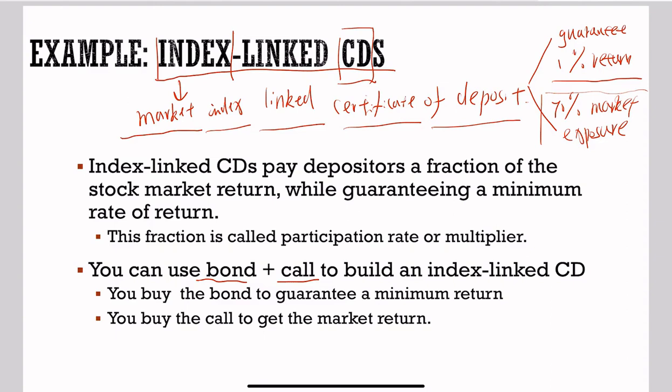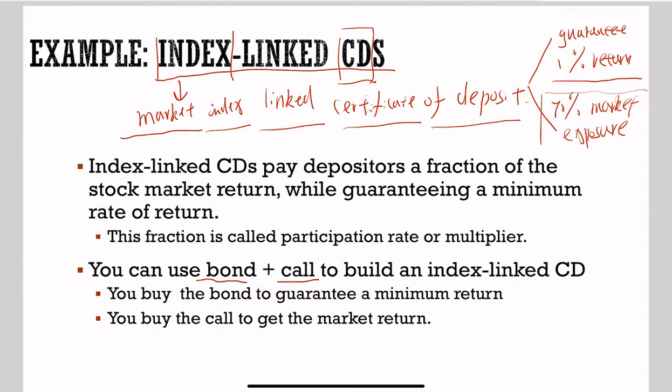Now, why do you want to buy a call? Well, obviously you want to use the call on this market index. So you will buy a call option based on this market index, and using this call option, you can actually get some market returns. So that's the basic idea.